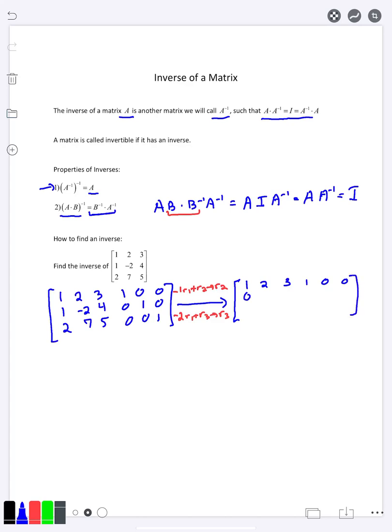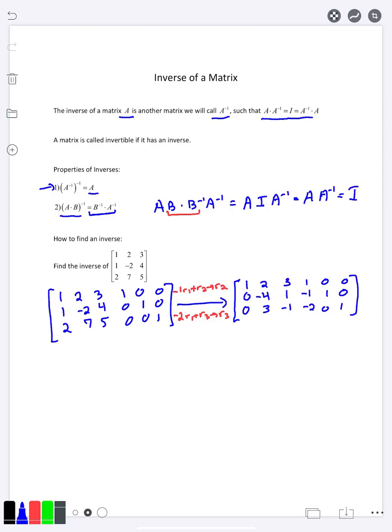Negative 1 is going to go to 0, negative 2 is negative 4, negative 3 plus 4 is 1, negative 1, 1, 0. Then we're going to look at the next one here. We have negative 2 plus 2 is 0, negative 4 plus 7 is 3, negative 6 plus 5 is negative 1, and then negative 2, 0, 1.